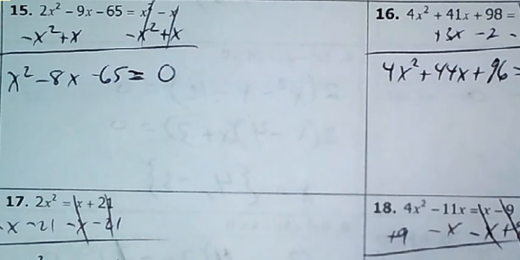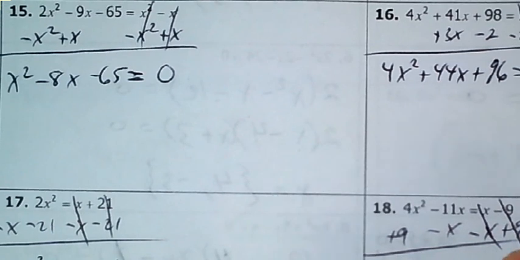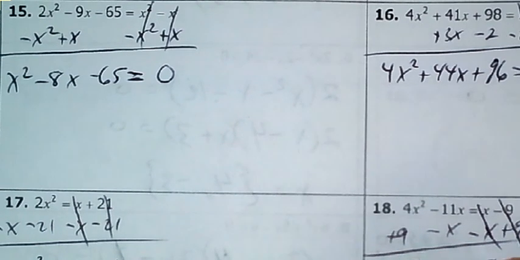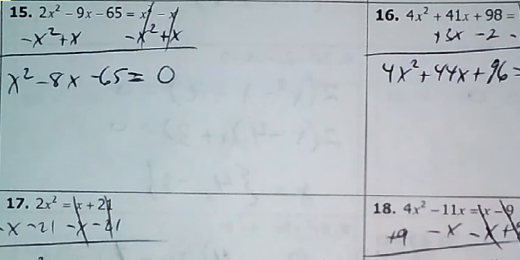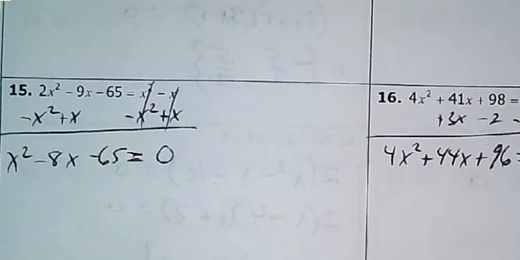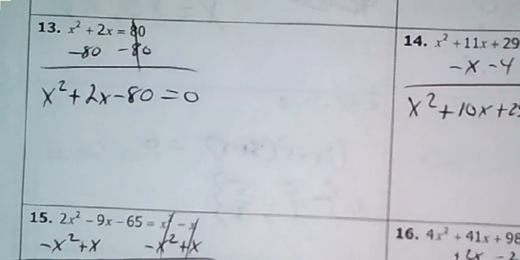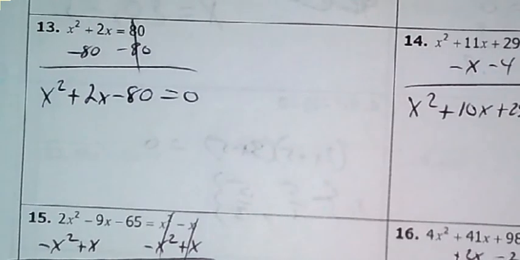So we end up with 4x squared minus 12x plus 9. All right, now we've got everything fixed to where we can start factoring. So I want you to go ahead and start factoring. Do numbers 9 through 12.